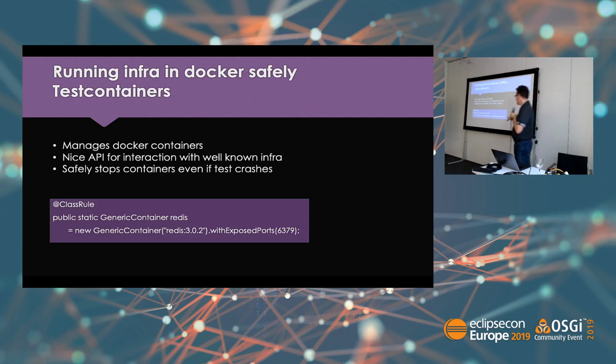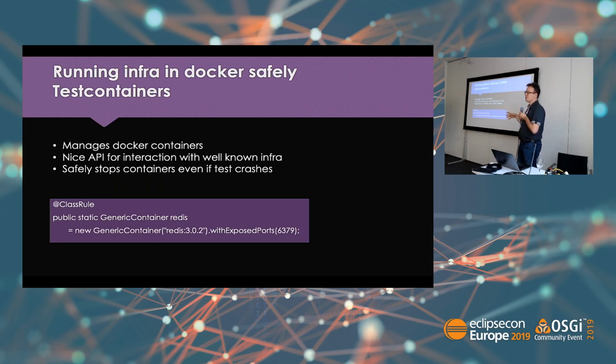You just define, for example, this is for a standard Docker, a new generic container, you tell it the Docker ID and which ports it should expose, and that's it. You can then use it, and in the end, it will automatically be brought down. And with the special APIs from Testcontainers, you will also, for example, get a client.